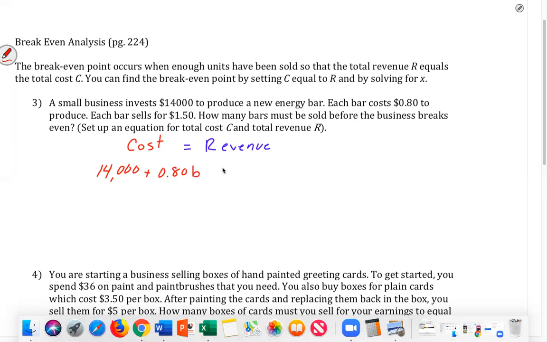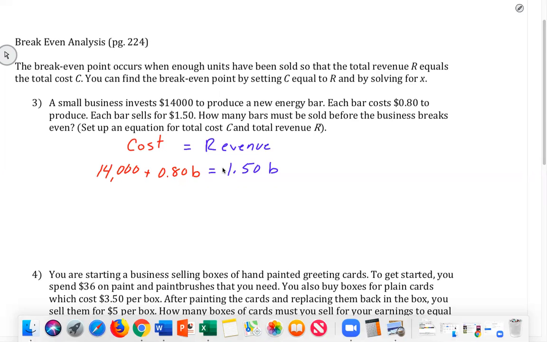So I'm just going to use B for bar. Now I want to know when that equals, well, I make on each bar that I sell $1.50, because that's what I make back. So I do $1.50 B.